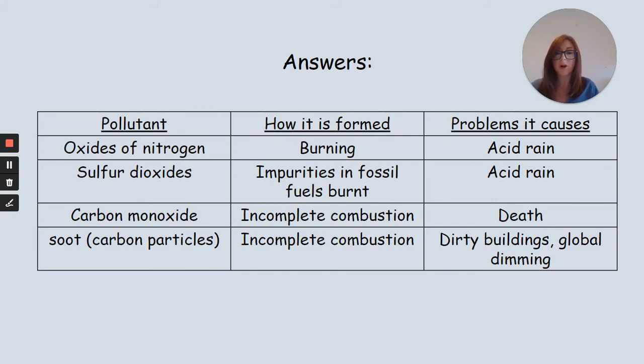We've already talked about carbon monoxide. This is formed through incomplete combustion. So remember, it's a product of incomplete combustion. The reason it can cause death is because the carbon monoxide binds to the hemoglobin in the blood. This prevents the blood from carrying oxygen around, and it can cause death because of that.